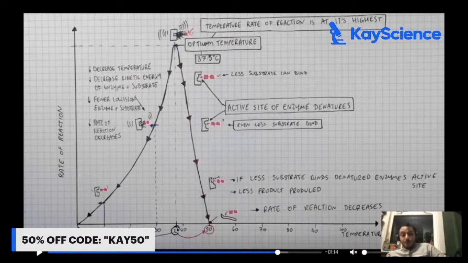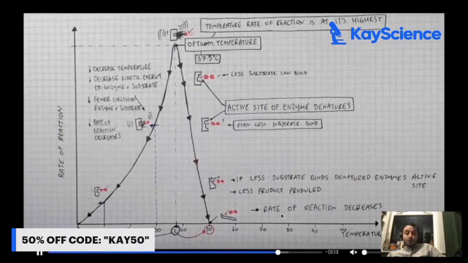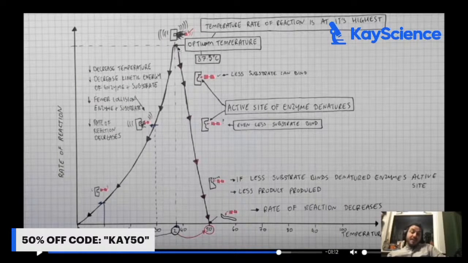If you go below the optimum temperature, it's about there being a decreased temperature, which leads to less kinetic energy stored in the enzyme and the substrate, therefore fewer collisions, therefore the rate of reaction decreases. Do not confuse the two. You're more likely to be asked, however, about the temperature going above the optimum temperature, but be prepared to answer this bit here.